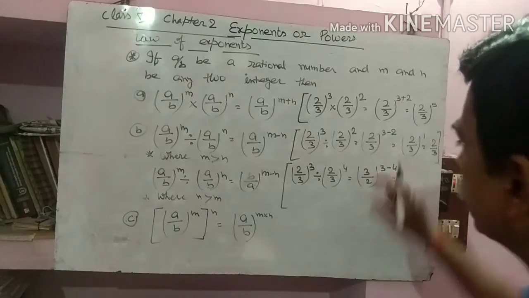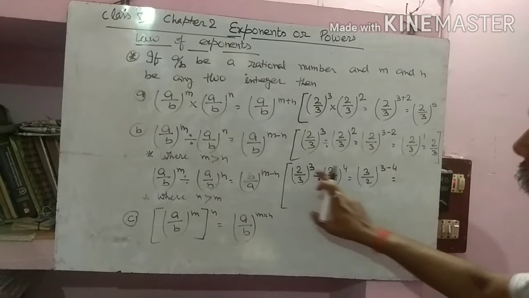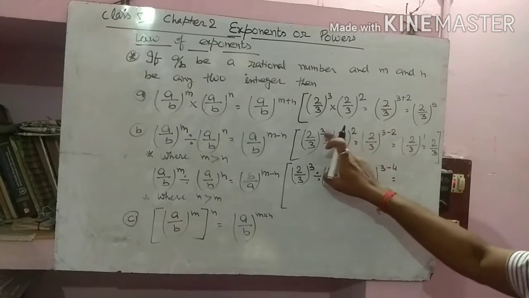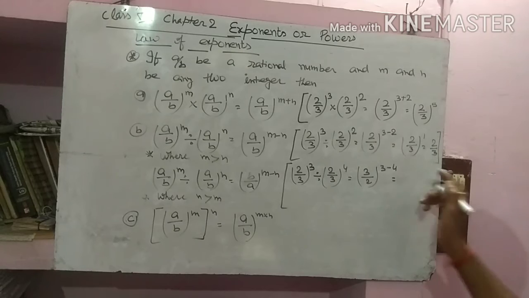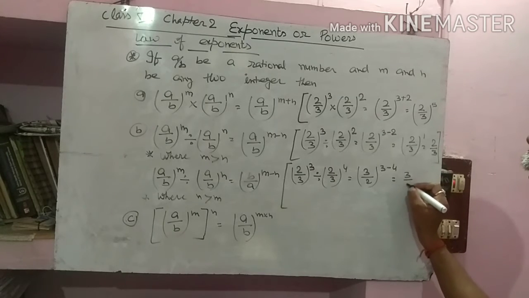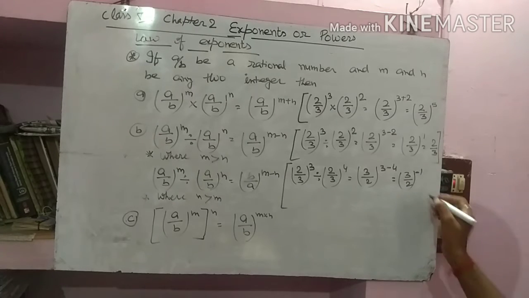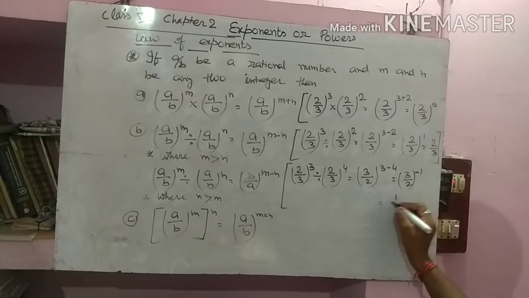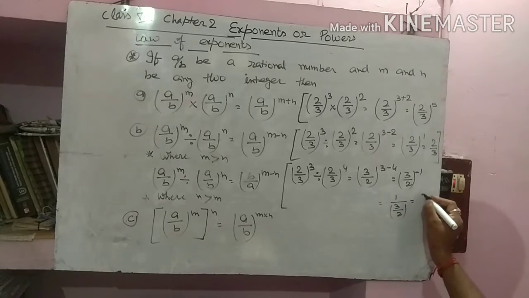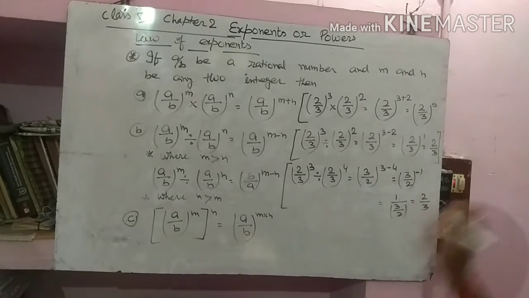Okay, this becomes the reciprocal of it, and same as 3 minus 2, here 3 minus 4. What will we get? 3 by 2 to the power minus 1. So it becomes 1 by 3 by 2, or this becomes 2 by 3.